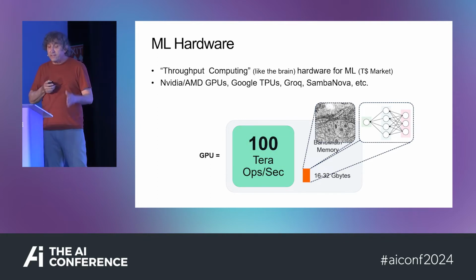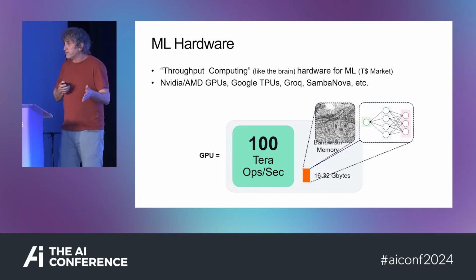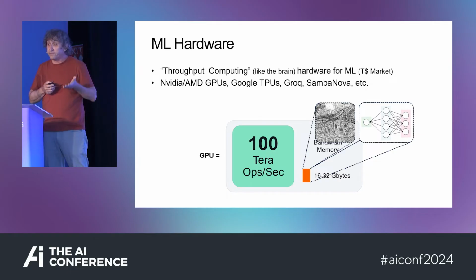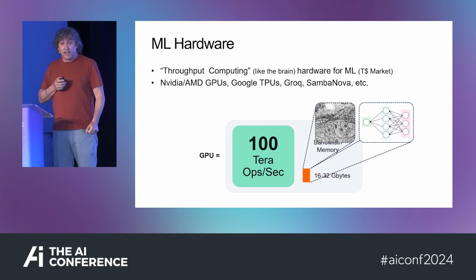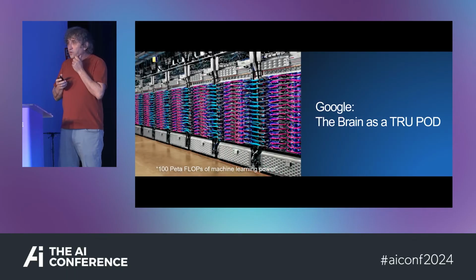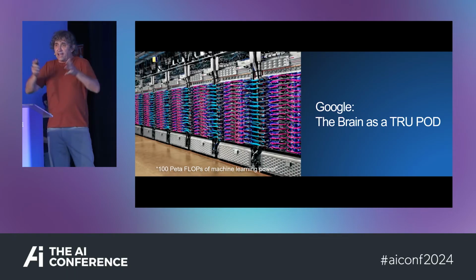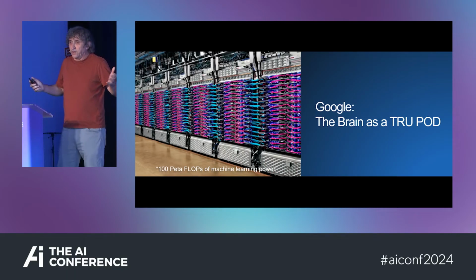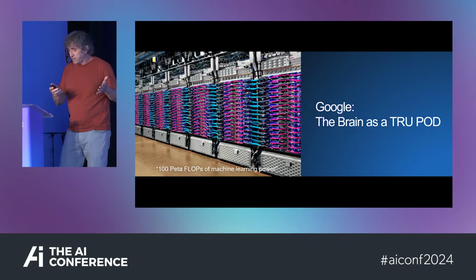So we apply thousands of teraops of compute, actually this should be 3,000 teraops, onto this data. And the idea is that I take this one GPU, I put it together, and now I have essentially the equivalent of a brain.